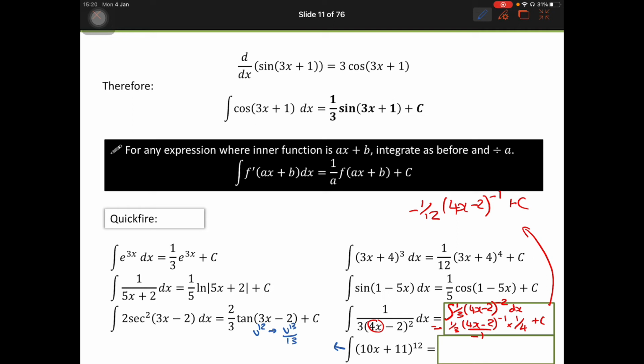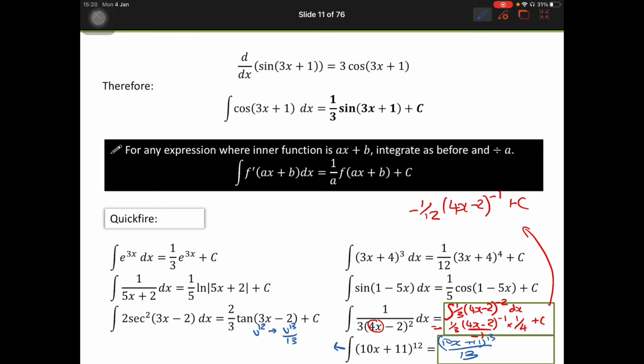Okay, now all I've got to do is do exactly the same as I did before. So I'm going to substitute my 10x plus 11 in as u instead. So I will end up with 10x plus 11 to the power of 13 over 13.